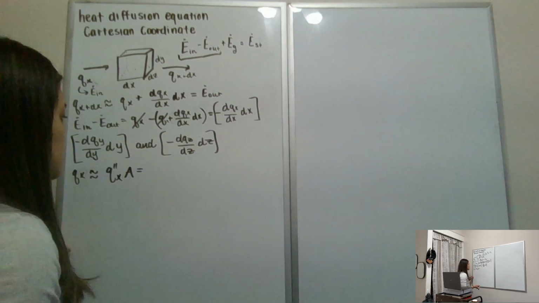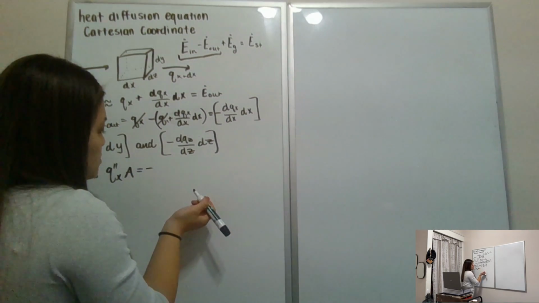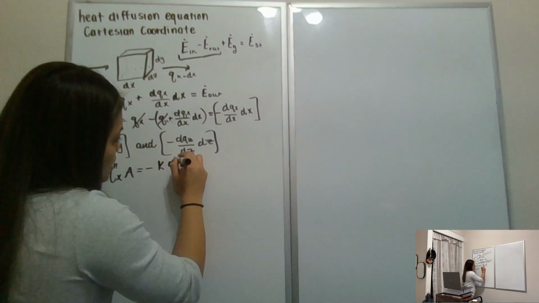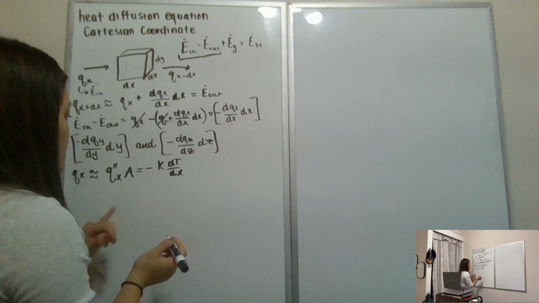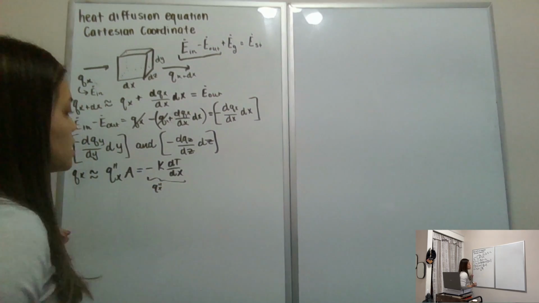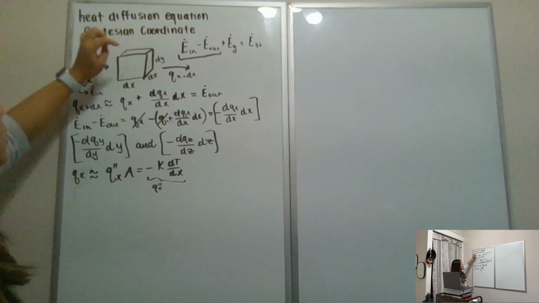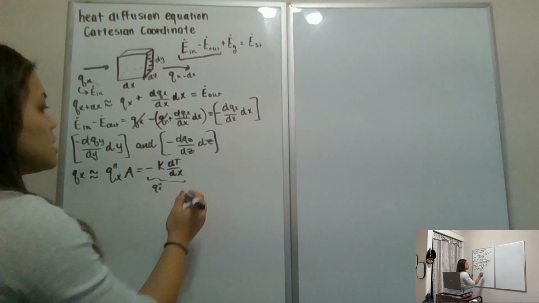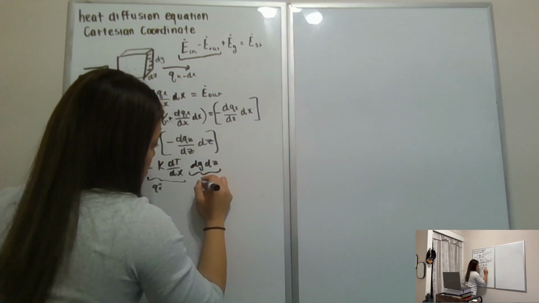The heat flux, according to Fourier's law, would be negative the thermal conductivity constant times the change in temperature with respect to x. This accounts for the heat flux in the x direction. As for the area, the area would be this here, which would just be dy times dz.